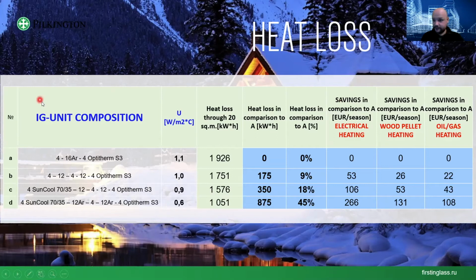This is, I think, the standard calculation for energy efficiency, which we do for many projects. Quite easy, and then you can compare your IG unit compositions between each other not only in terms of kilowatt hours, but in terms of money.